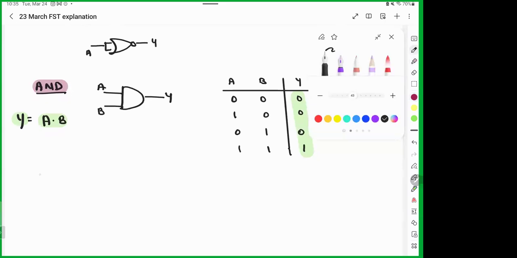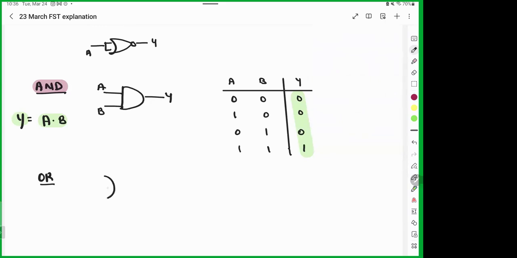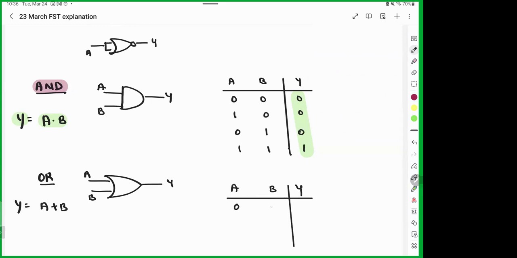Last is your OR gate. The OR gate looks like a rocket. In this, again two inputs, one output, but this time you add. That's why it will be A plus B. So A, B and Y. If you take 0, 0, it will be 0.